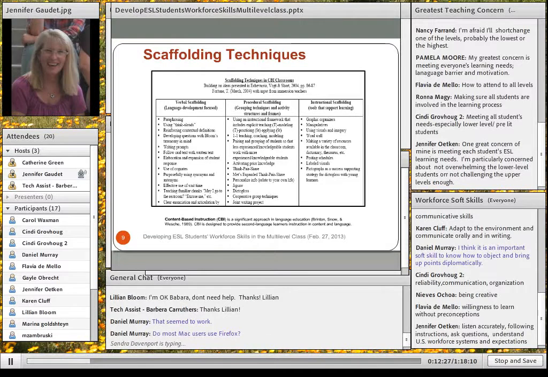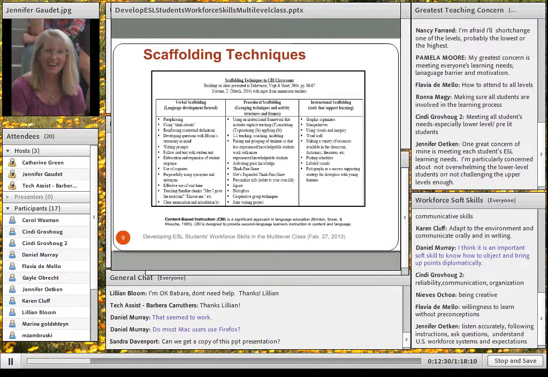I'm going to have you go right down to the general chat pod down below and type in which of these are common in your classroom.